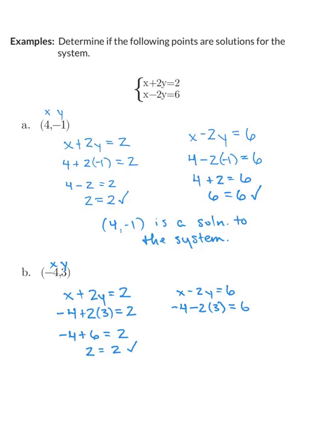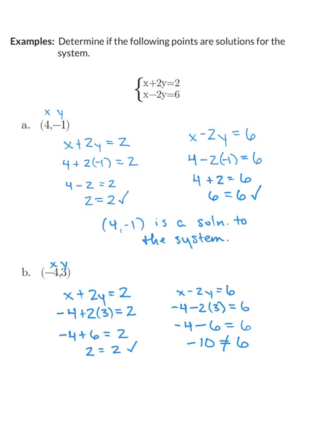So if we simplify the left side, we get -4, minus 2 times 3 is minus 6. We get -4 minus 6 is -10. We have same signs, so we're going to add and keep the sign. And so when we check this, we get -10 equals 6, and that is not a true statement.